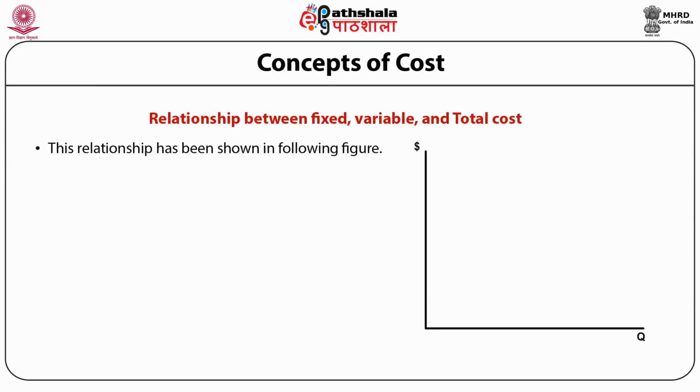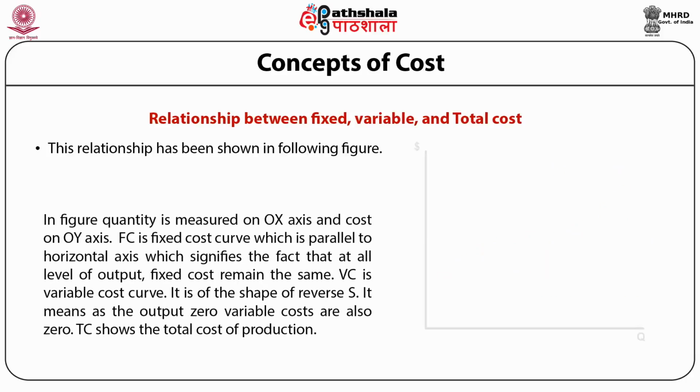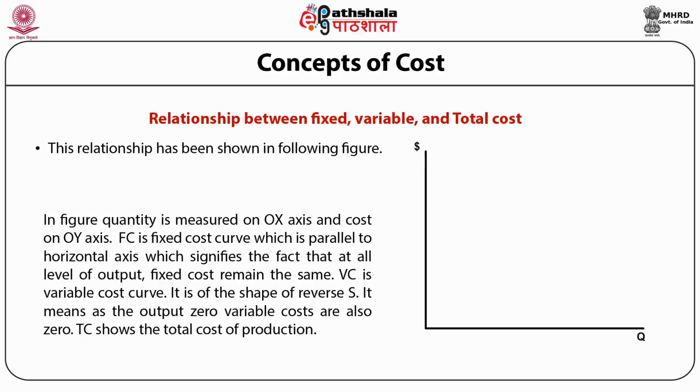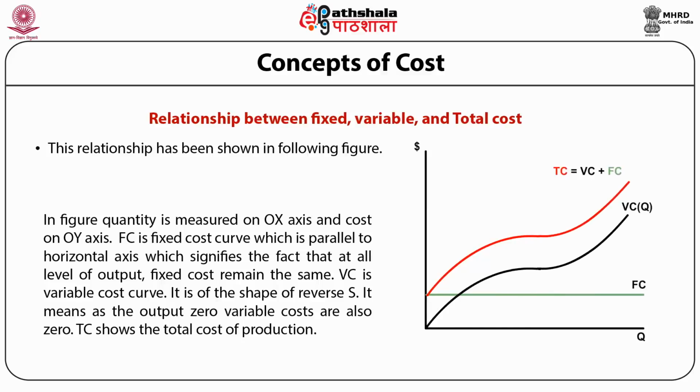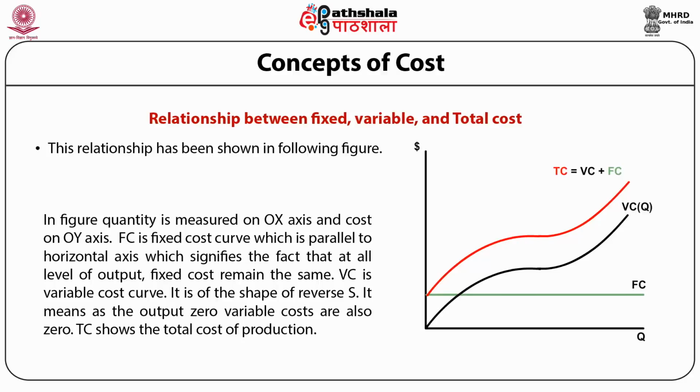This relationship has been shown in the following figure. In the figure, quantity is measured on the OX axis and cost on the OY axis. FC is the fixed cost curve, which is parallel to the horizontal axis, which signifies the fact that at all levels of output, fixed costs remain the same.